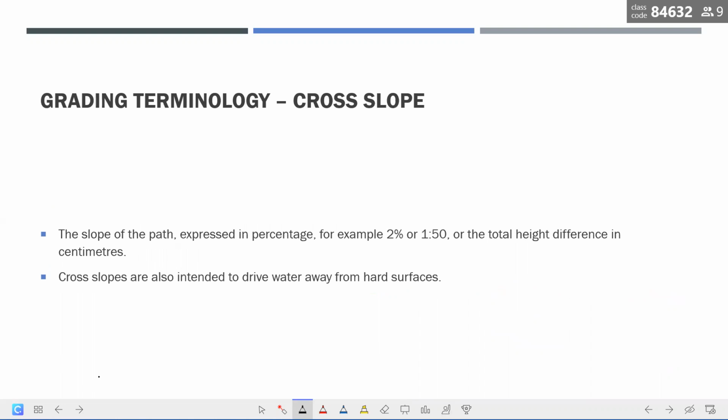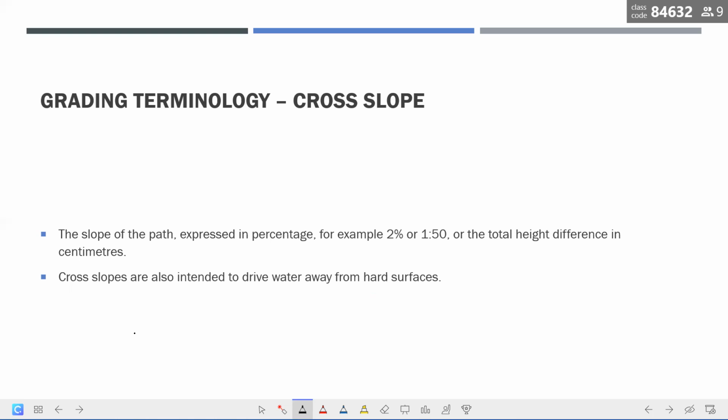Another terminology is the cross slope, which is the slope of the path, expressed as a percentage, or it could be represented as a ratio or the total height difference in centimeters. Cross slopes are also intended to drive water away from hard surfaces. It's similar to the crown.